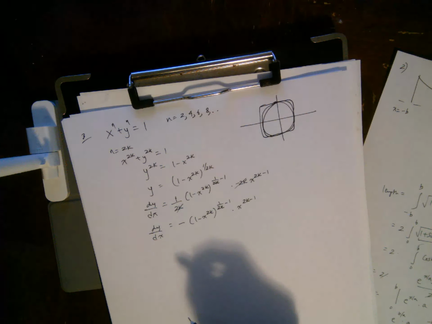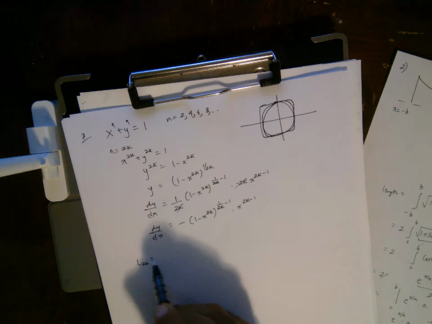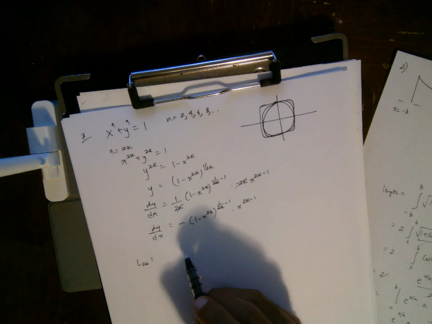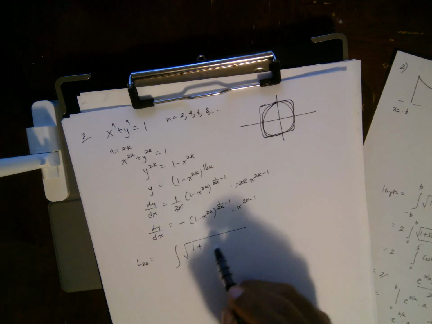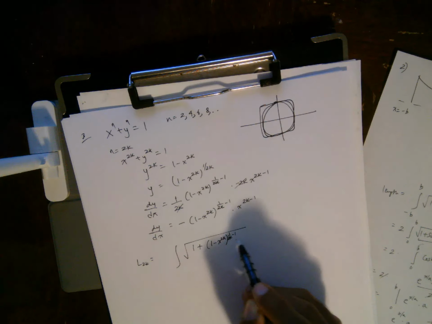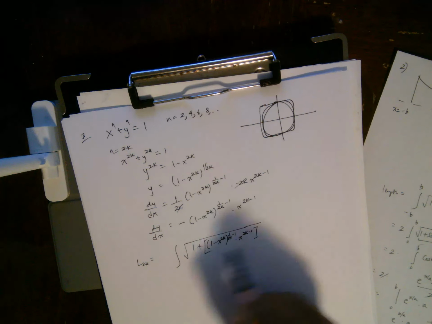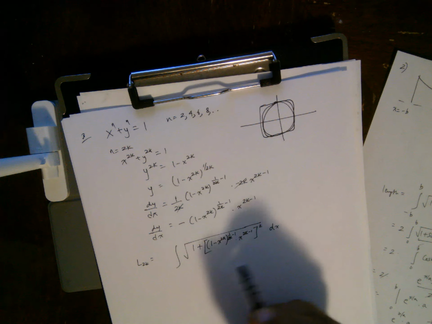Now what that means is that my expression for arc length, let's call it L2k, is going to be the integral of the square root of 1 plus dy over dx squared, so 1 plus 1 minus x to the 2k, to the 1 over 2k minus 1, all of this squared, dx.